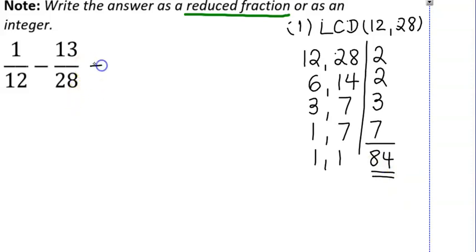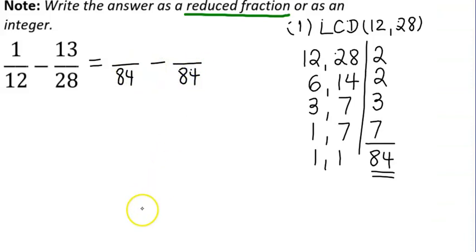Now, when you find the LCD, you need to find an equivalent fraction of each one of them with this new denominator. So I'm going to write here 84 for both fractions.